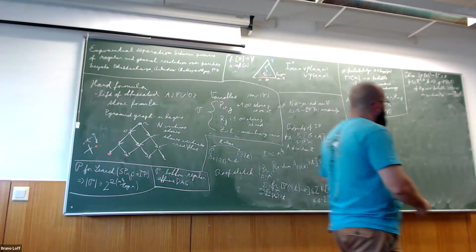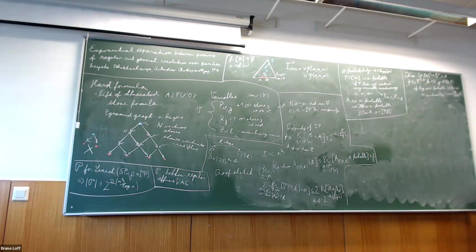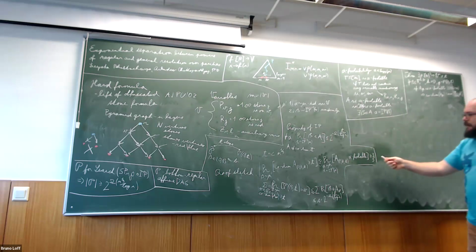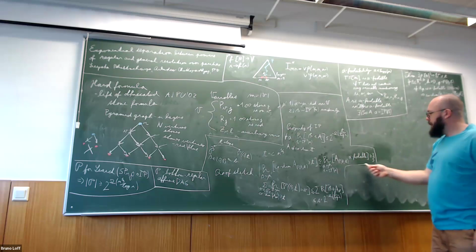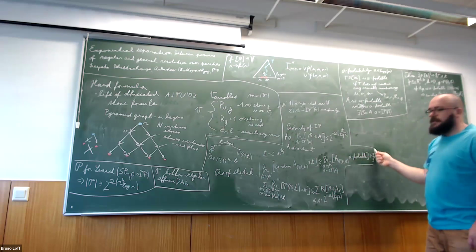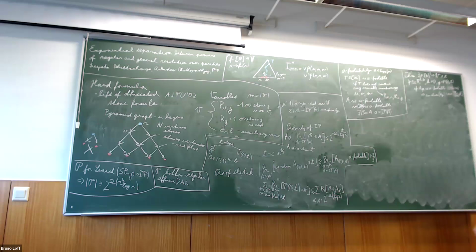This n over 100 is just a technical thing. In our case, t will always be smaller, because we can prove this part only for t up to n to 1/3.